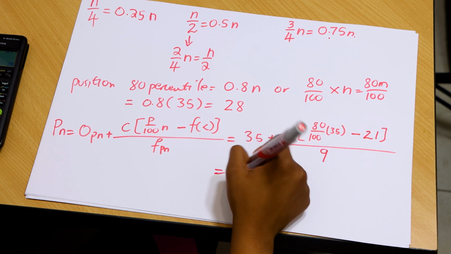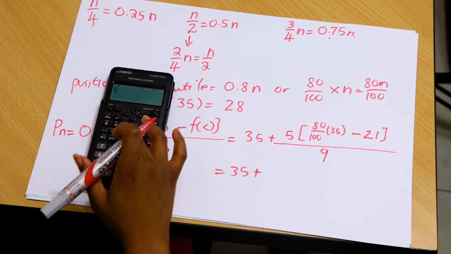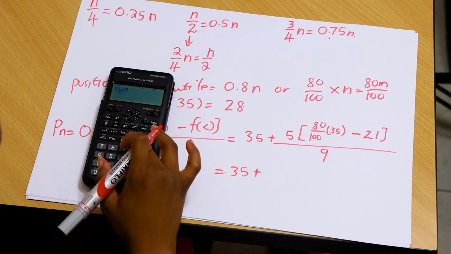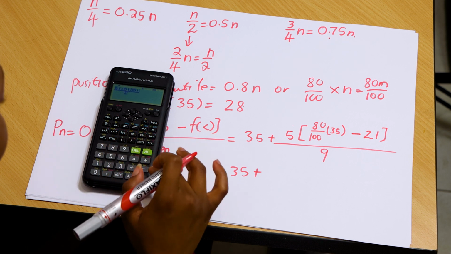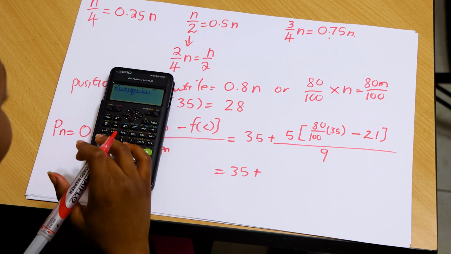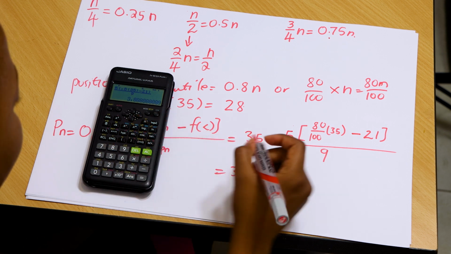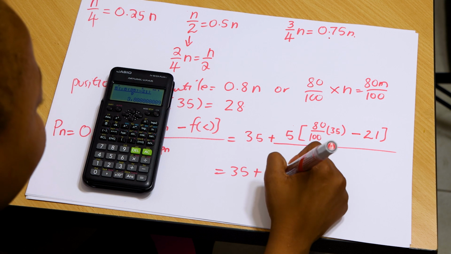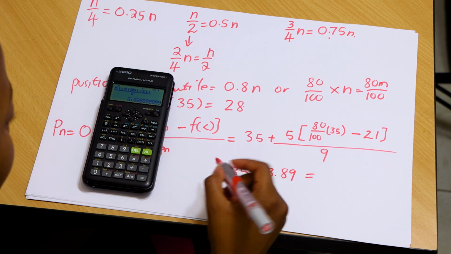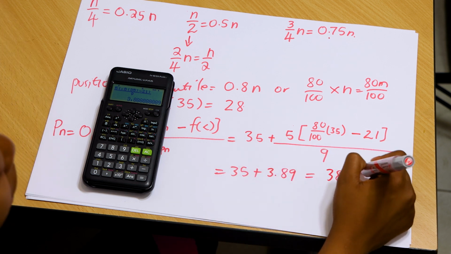So it's going to be 35 plus 3.89, so it's 38.89.